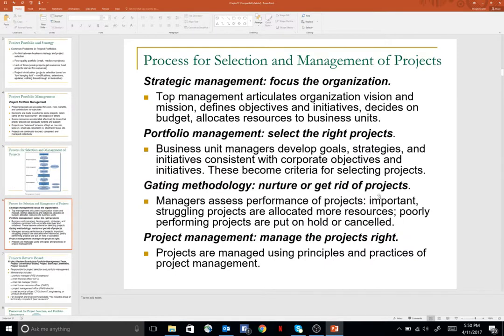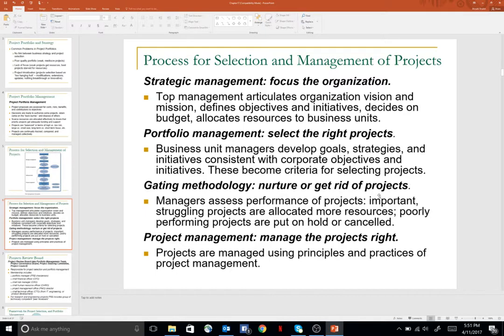In terms of the different areas, strategic management is at a very high level, considered the top level management, so your president and VPs. Then you get down to portfolio management, and that's really identifying opportunities that are in line with the visions set by the senior management.